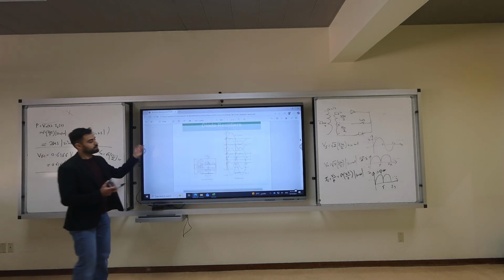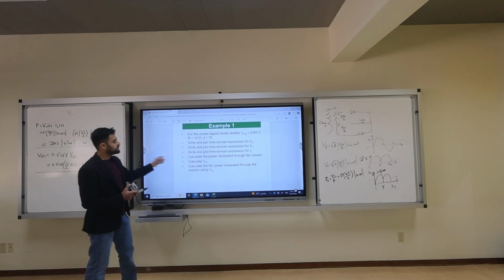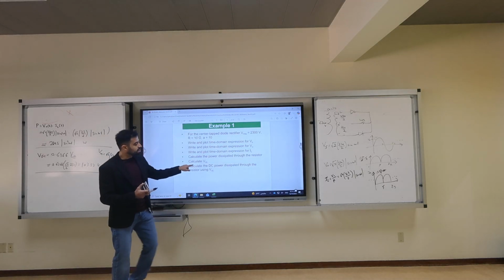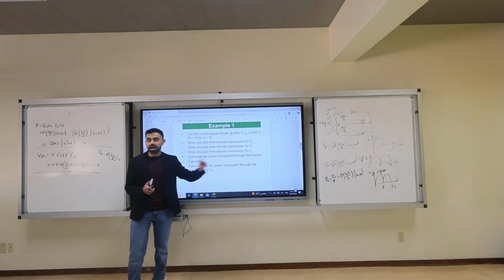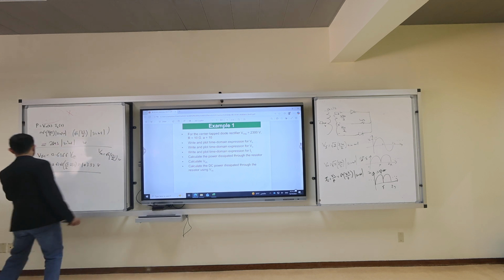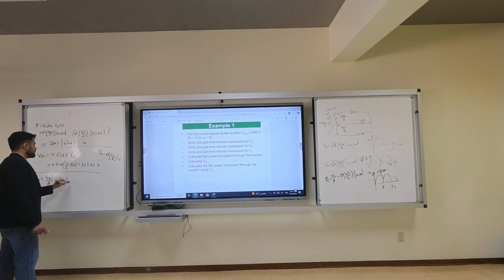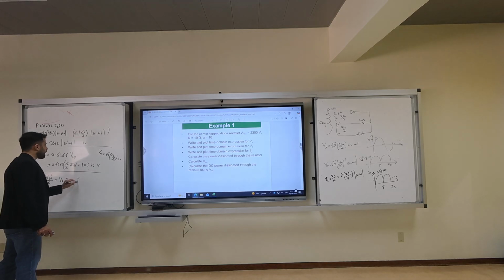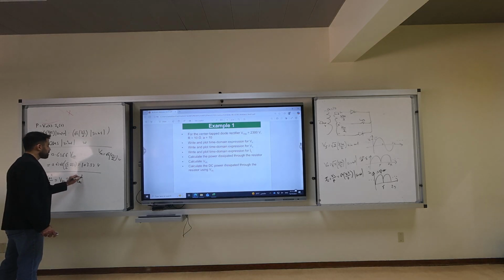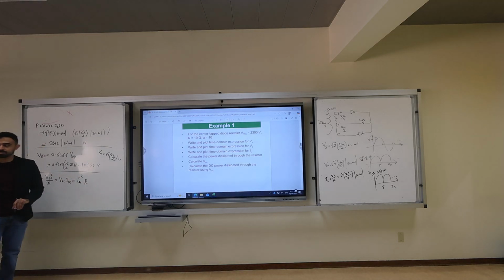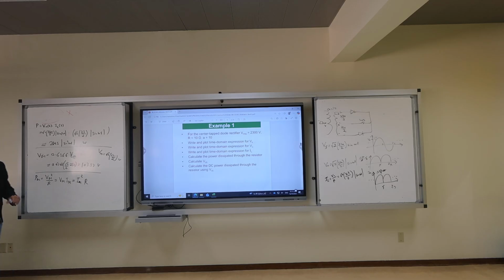So what is IDC? To get the DC power dissipated on the resistor, I can use PDC, either VDC square over R, or VDC IDC, or IDC square times R. Remember, this is single phase, okay?